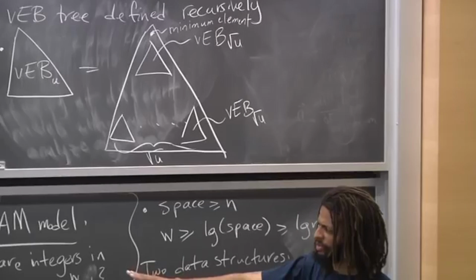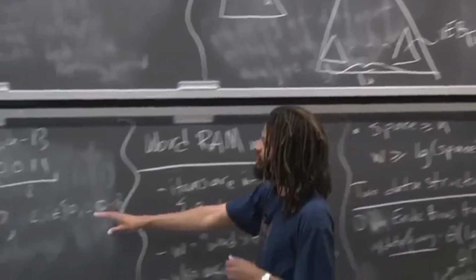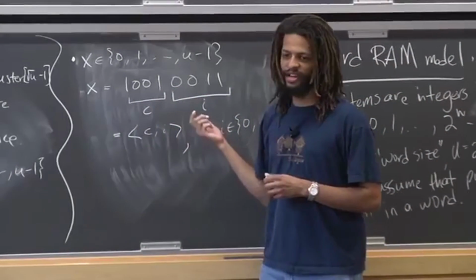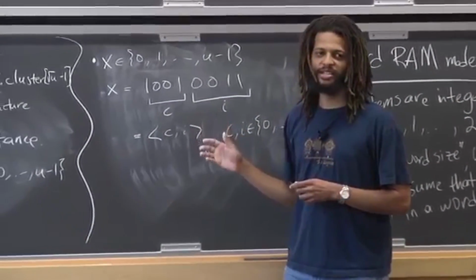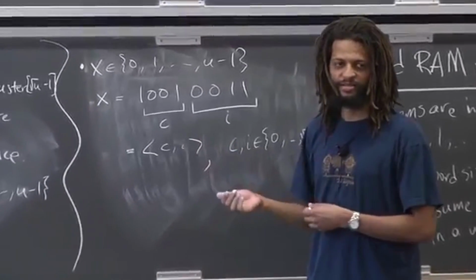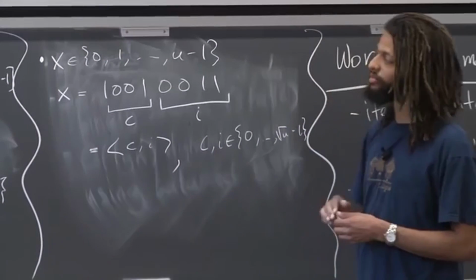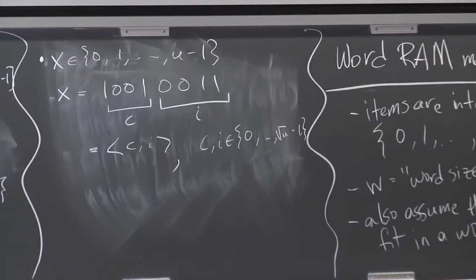Hopefully people agree that you can extract c and i each in constant time just by bitwise anding and shifting. So how would you search for the predecessor of x in this recursive data structure as I've defined it?